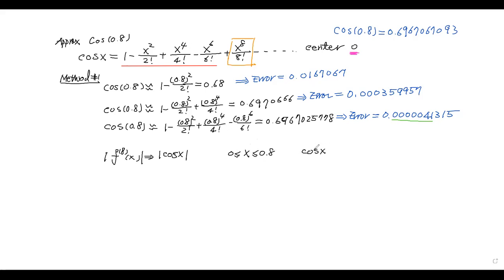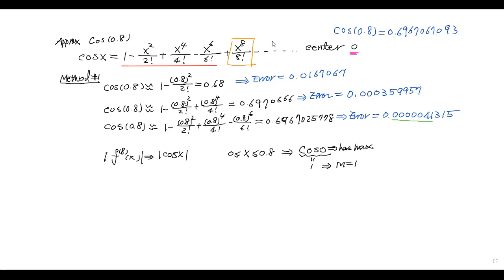We'll have the maximum here. The cosine is a decreasing function, so cosine 0 has the maximum, correct? And cosine 0 equals 1. So we can say the M is equal to 1.